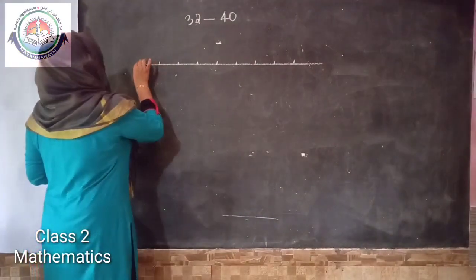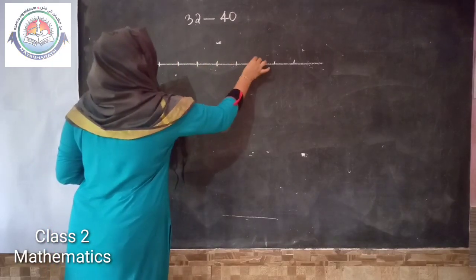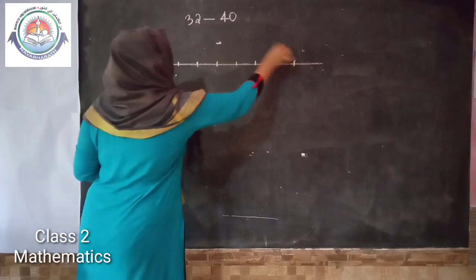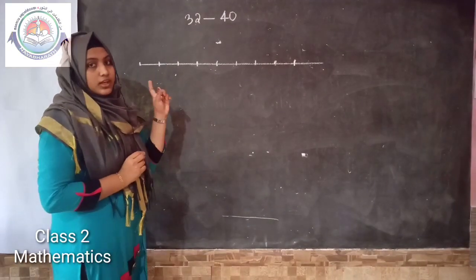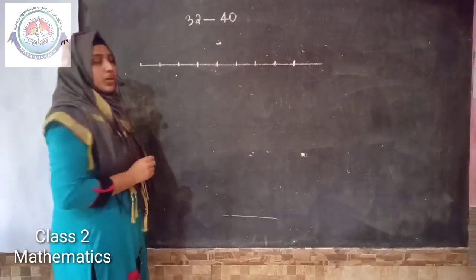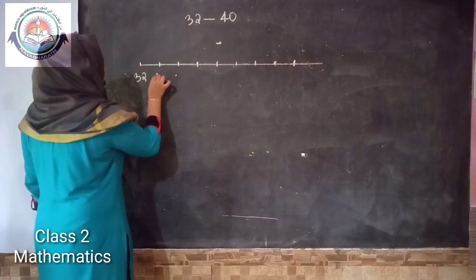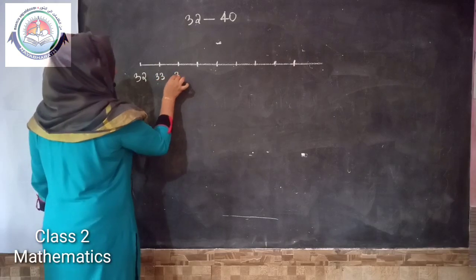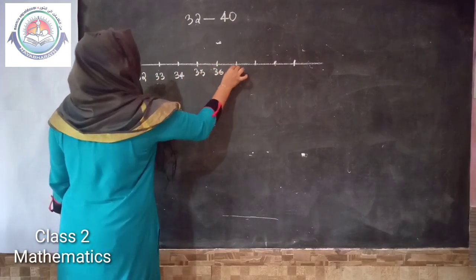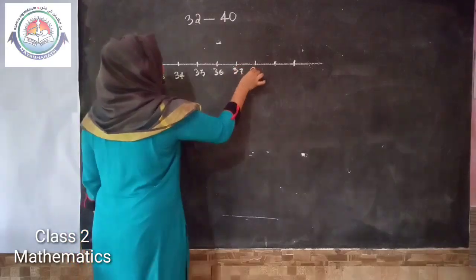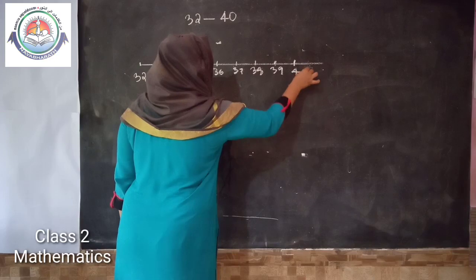The gap between these points is equal because I am using a ruler to mark these points. So starting from 32, the next number 33, then 34, 35, 36, and 37, and 38, 39, and 40.